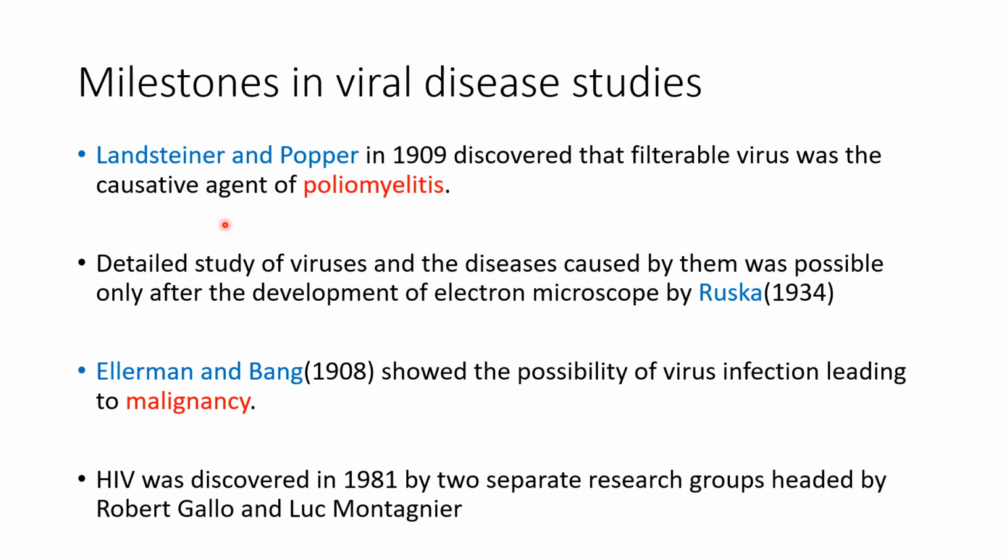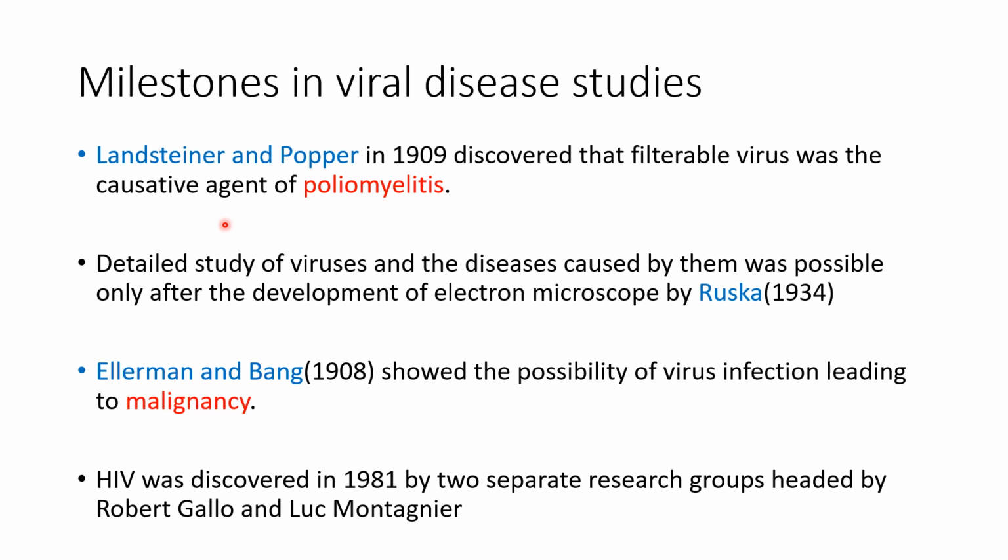Likewise, many other viral studies were carried out during that period. Landsteiner and Popper discovered that viruses are the causative agent of one very common disease at that time, poliomyelitis. During that period, Ruska also developed a very complex microscope, the electron microscope, and with this microscope people were able to see viruses and make a lot of developments in that area.